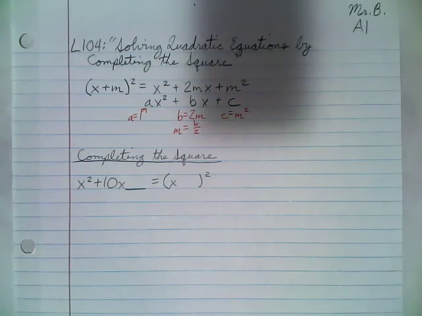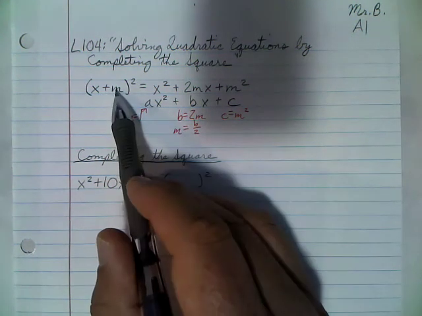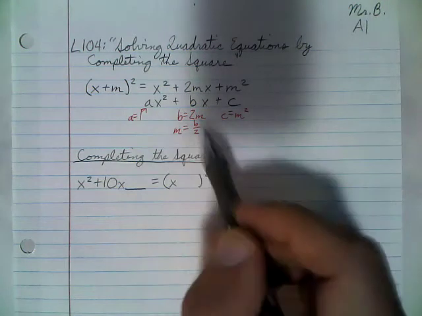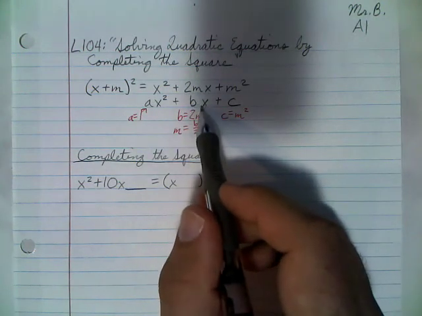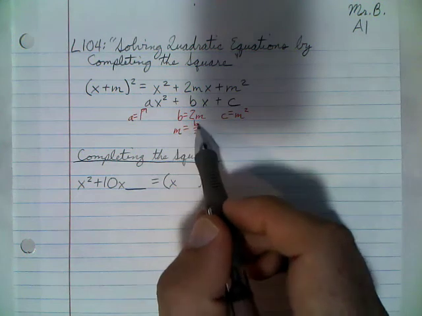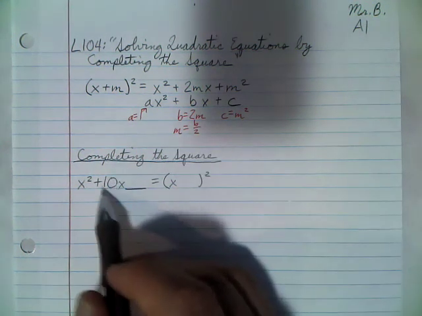And the key here, ladies and gentlemen, is what we just did in red, that we can find this m by taking whatever b is, the coefficient of x. We can find m by taking b and dividing it by 2. So 10 is my number here.